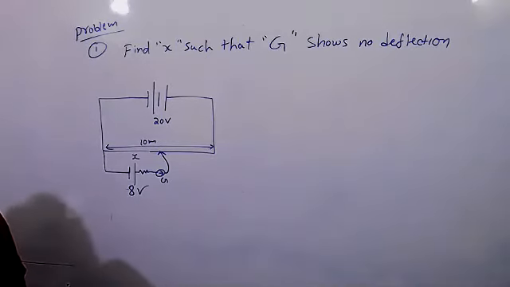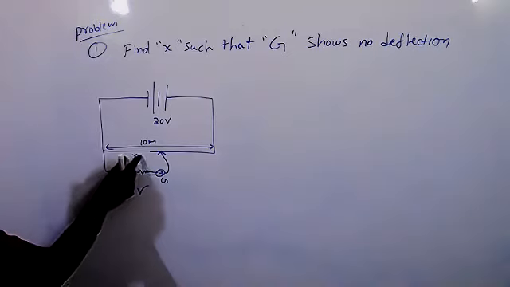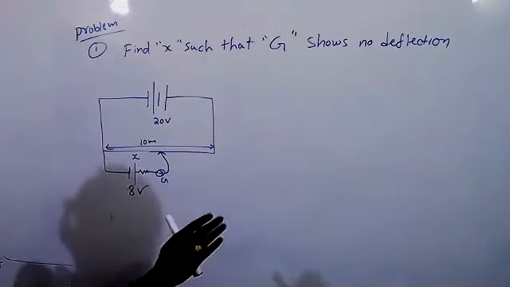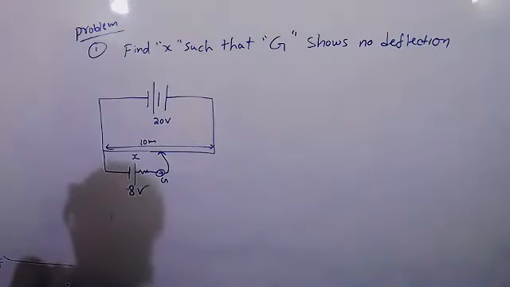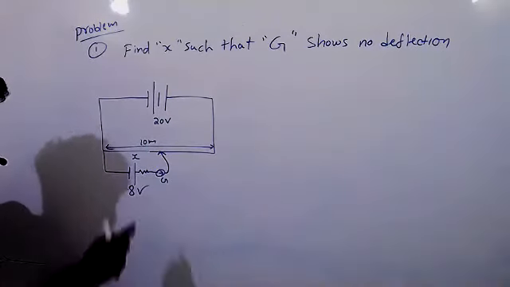Calculate X. How will you calculate? Calculate X such that the current passing through G is 0. So it won't show any deflection. How will you calculate this X? Do you know how much potential drop is here?